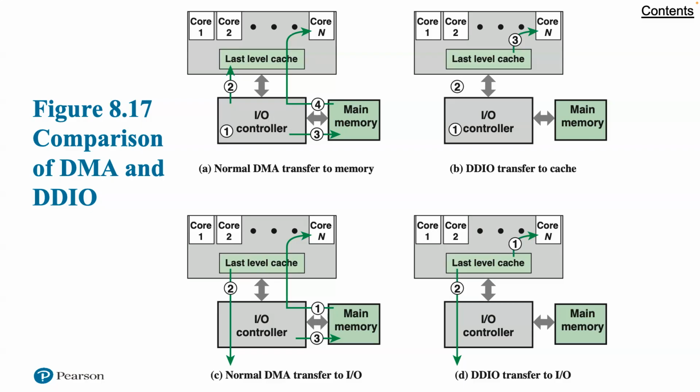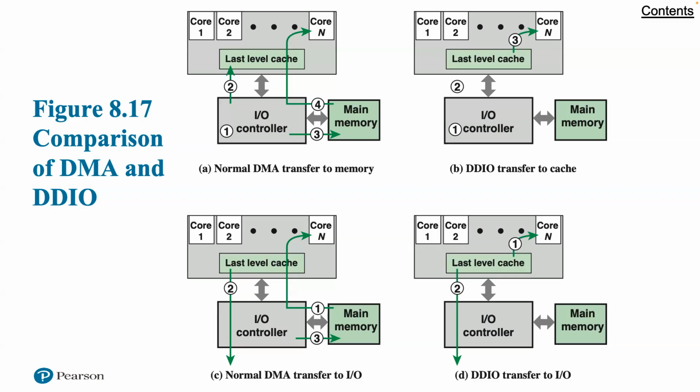Finally, figure 817C shows the steps involved for a DMA operation for outbound packet traffic transmission. TCP/IP protocol handlers executing on the core read data in from an application buffer and write it out to the system buffer. These data access operations result in cache misses and cause data to be read from memory and into the L3 cache 1.